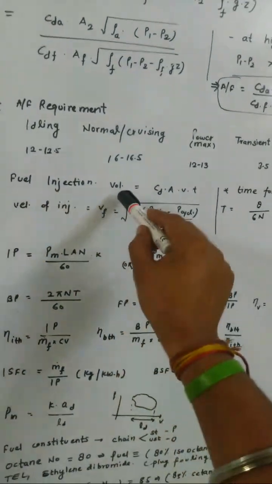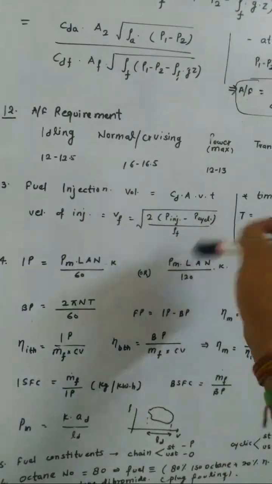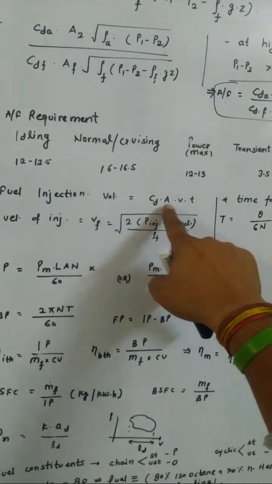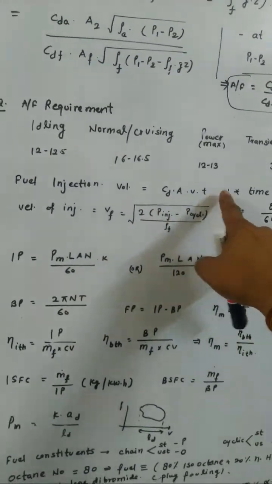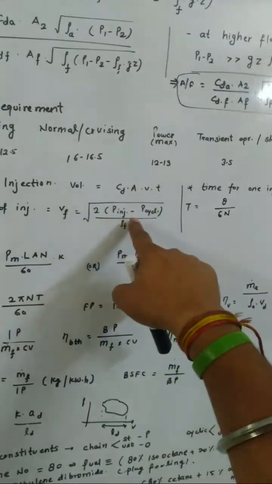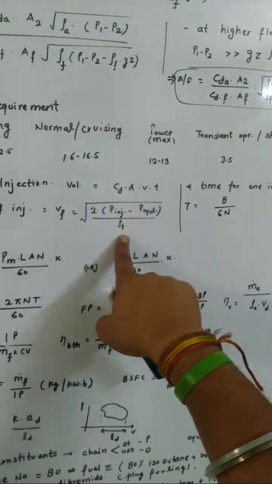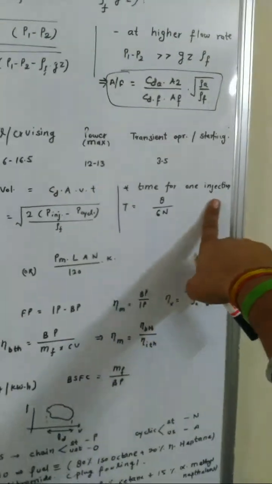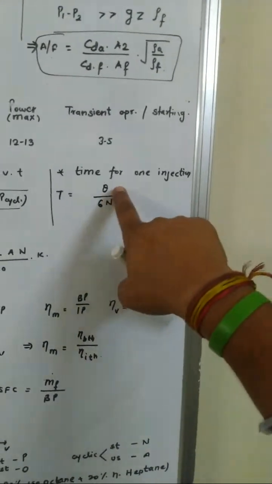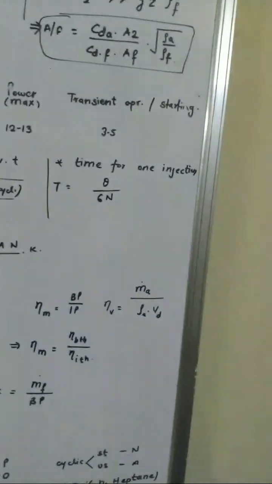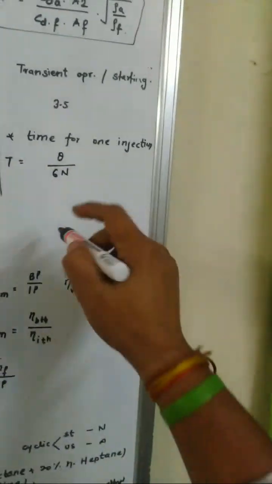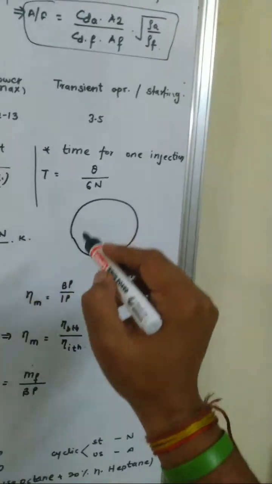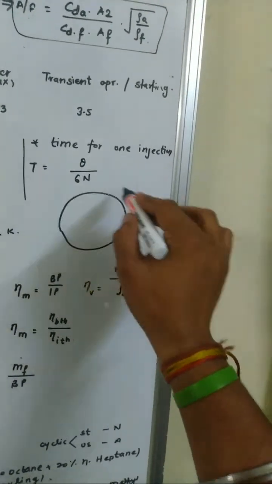Okay. Next is the fuel injection volume. These are the simple fluid mechanics formula: CD, the discharge coefficient, into area, velocity and time. Velocity is under root of twice the pressure difference divided by density of the fluid, and the time of injection, this is the time of one injection, this is sometimes asked. The theta, see, the engine is rotating a complete cycle, but the injection is not in the complete cycle.